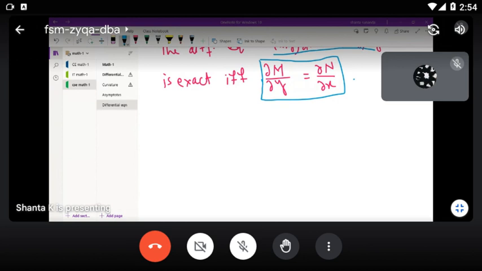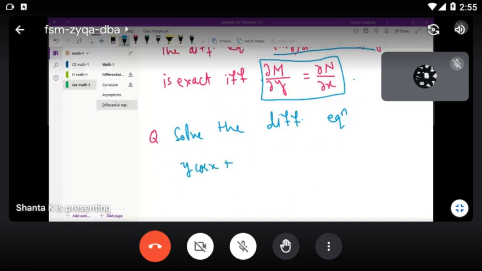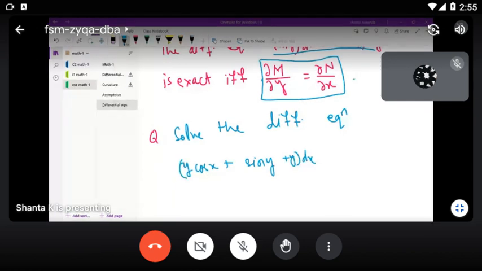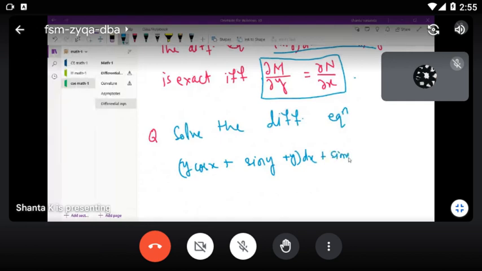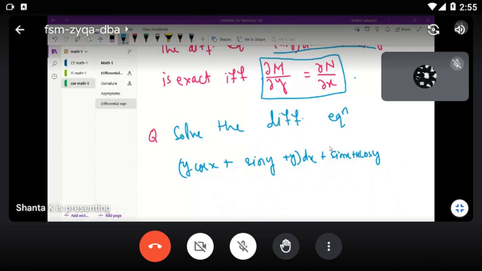See, one example I'm giving you. So solve the differential equation. x cos y.